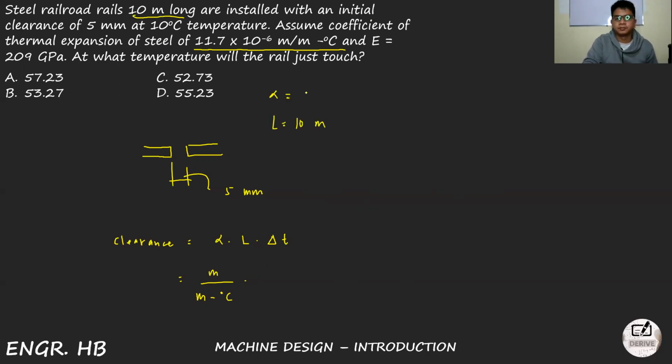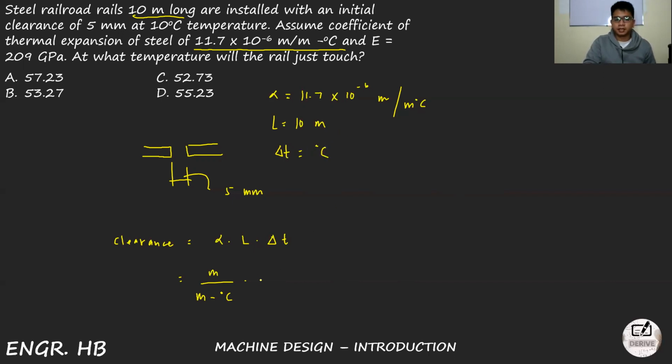So sulat ko na rin si coefficient of thermal expansion. Negative 6 only. And, okay, since this is a delta T, so it is both Kelvin or degree Celsius, pero no need to convert to Kelvin because it is a difference, so degree Celsius na din.